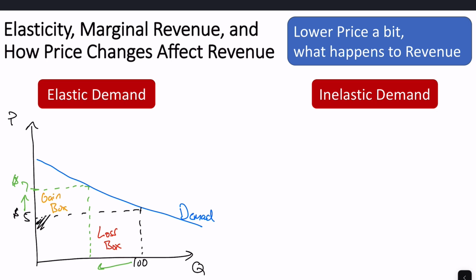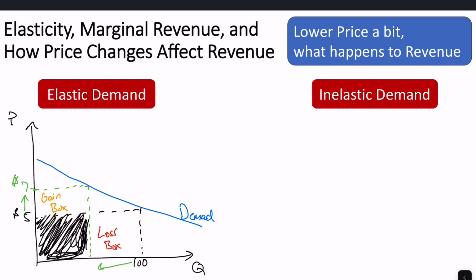And then this box down here, that's in both cases. So this isn't going to be part of the change. And so if we're looking at this, you want to add up the areas of the loss box and the gain box. So positive, negative, looks to me like this loss box is bigger than that gain box.